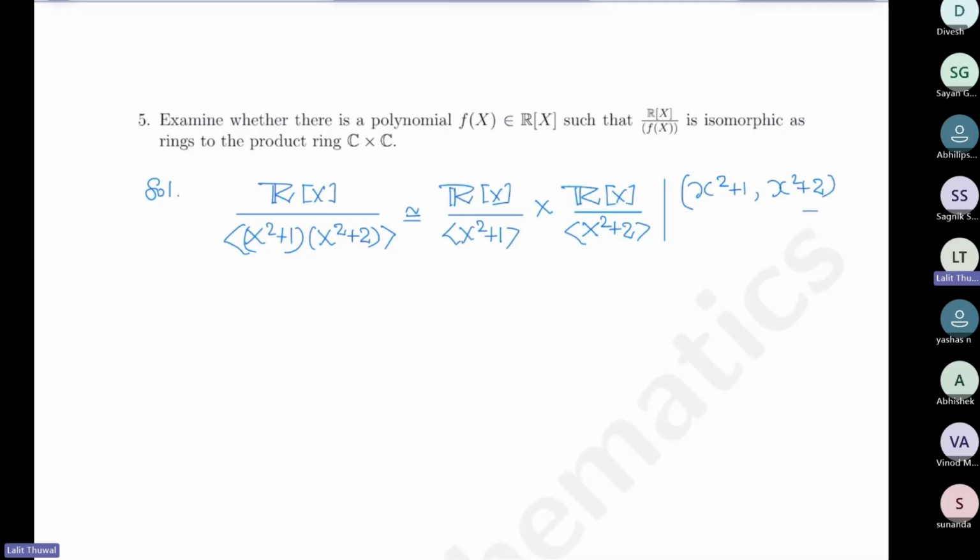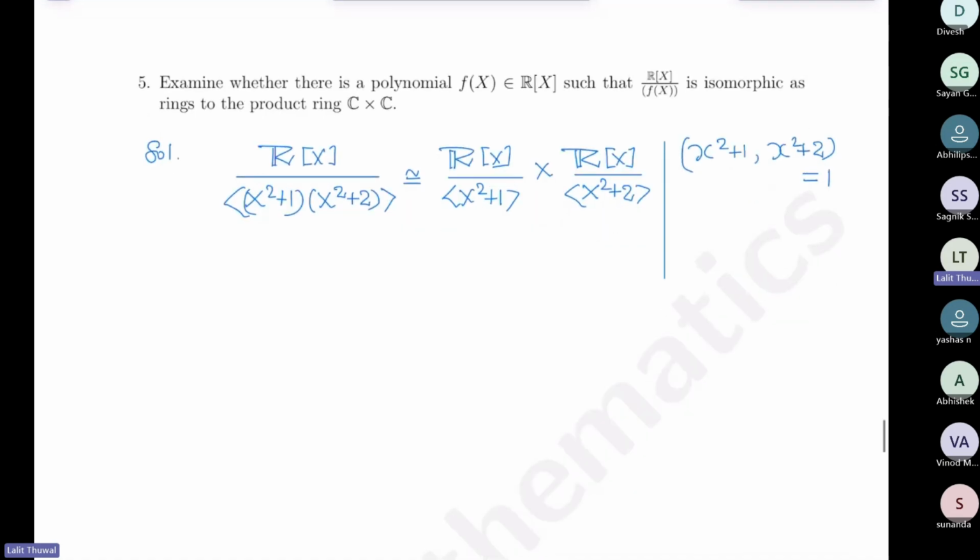Someone said something. Please repeat this again. Okay. I'll elucidate. First of all, observe that their GCD is 1. So R[x] is PID. So they are co-maximal.